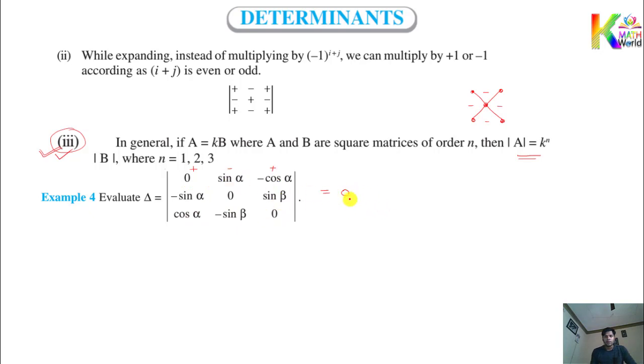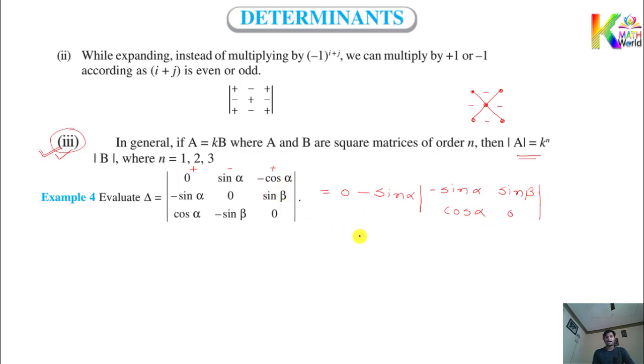Then you get a minus sign, and this element is minus sine alpha. Now it lies in which row? First row, second column. So eliminate it. So what is left? Here you have left minus sine alpha, then sine beta, then cos alpha, then 0.